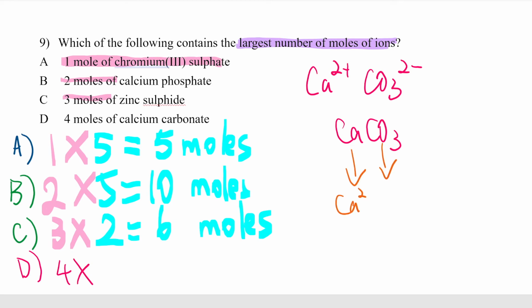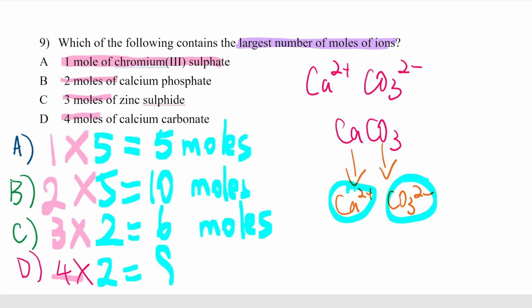There's just one of them because you don't see any number here. So in other words, it's going to be 4 times, I already wrote the 4 there for you. 4 times, how many do I have? 1, 2. So actually I have 8 moles here only.